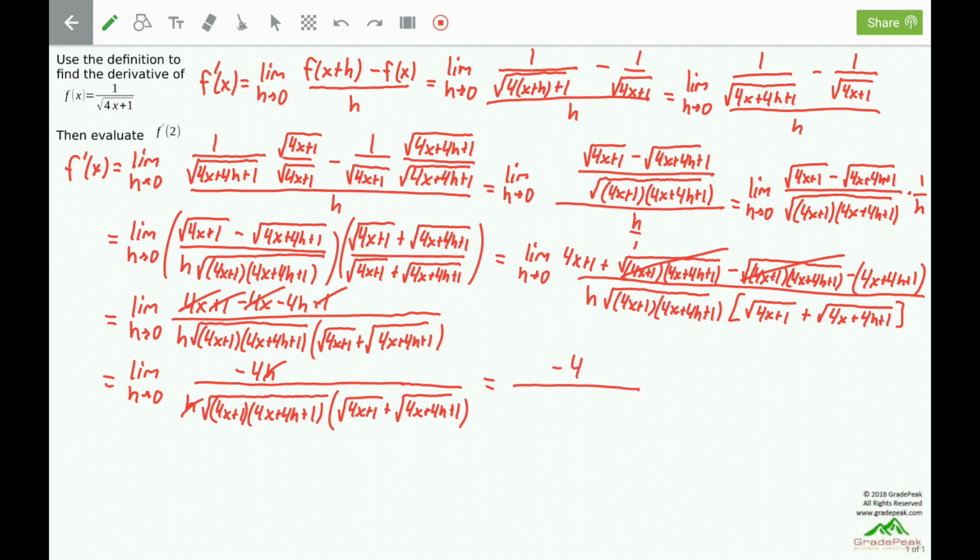In the denominator, we will have the square root of 4x plus 1 times another 4x plus 1 when h is a 0.